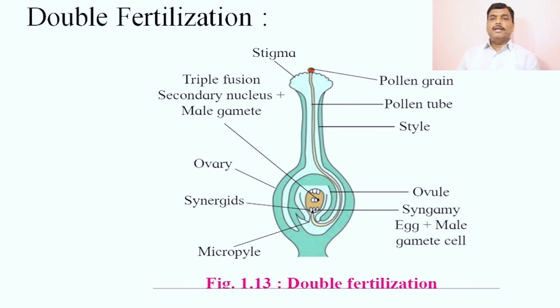Because in angiosperm the two male gametes formed at the time of development of the male gametophyte, both these male gametes are utilized.